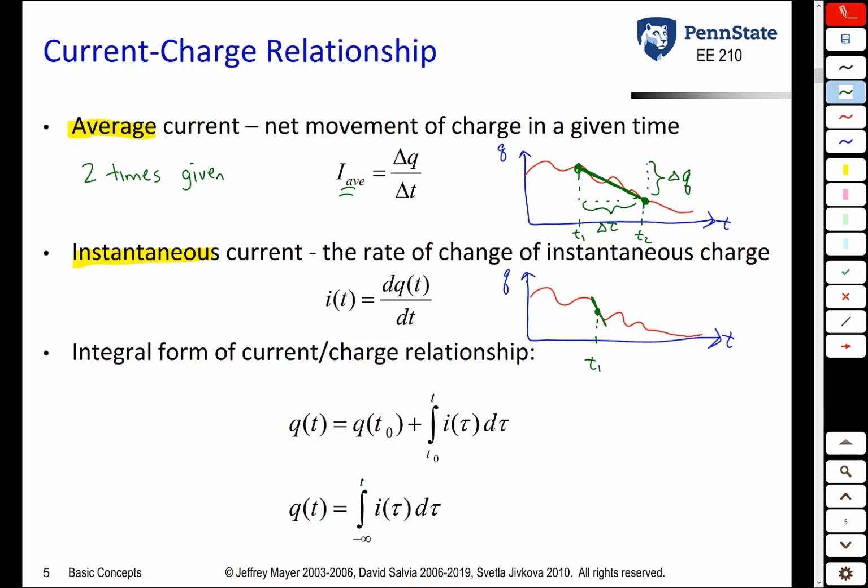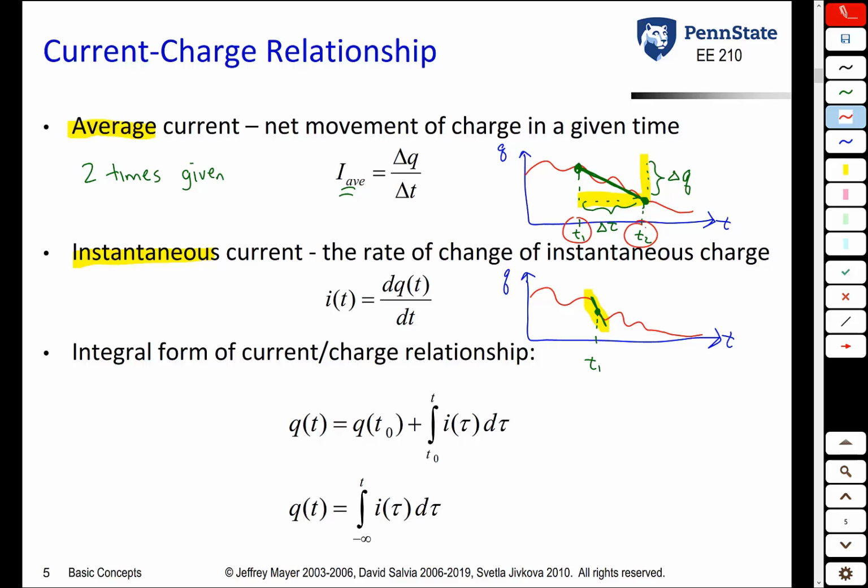So average current is delta Q over delta t. Instantaneous current is dq dt. And obviously, the closer that these two times are in an average current, the closer it's going to be to instantaneous current.